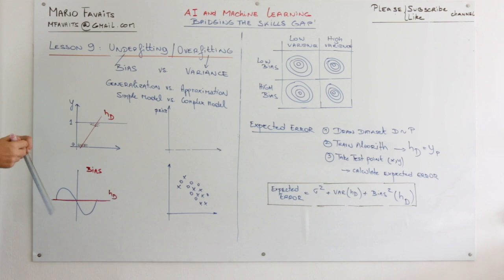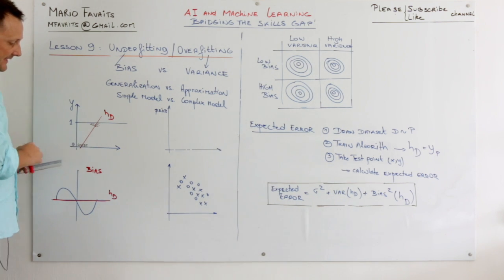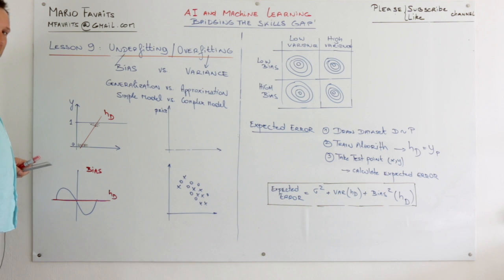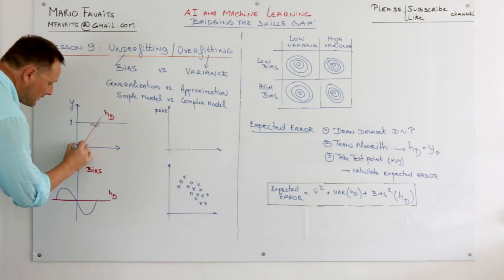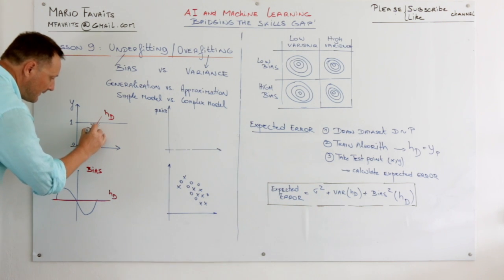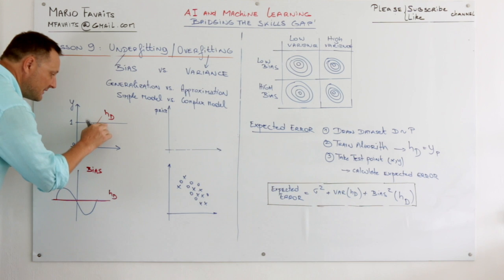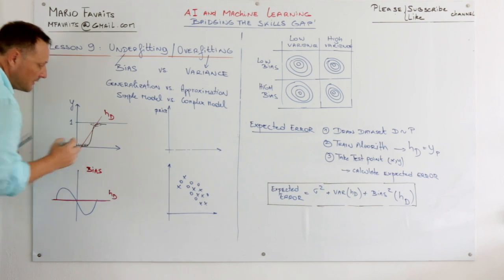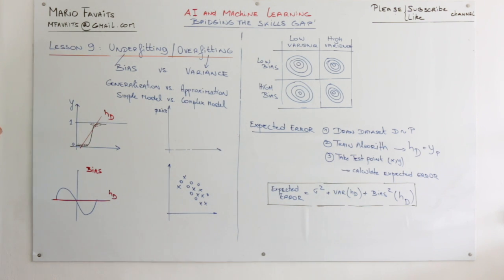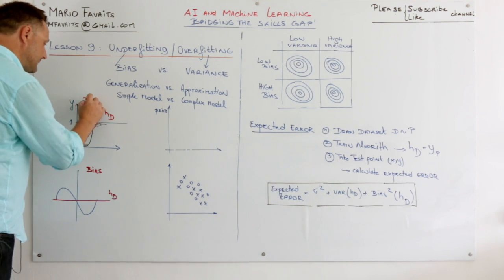This line could be h of d, our model, our hypothesis, based on the data. But you can immediately see that it does not represent the data well. And remember, that's why we came up with this type of function, which we call the sigmoid function, which we use for classification. So this is definitely also bias.